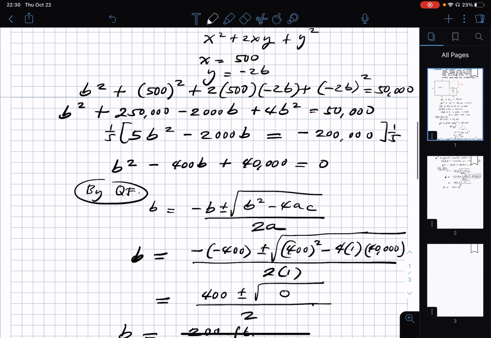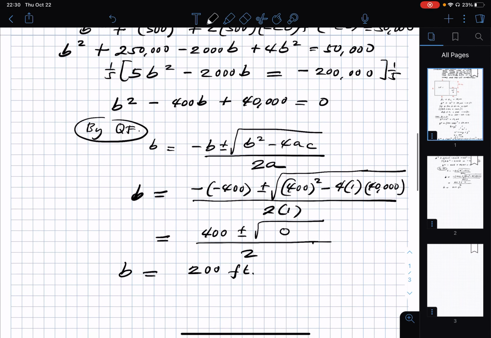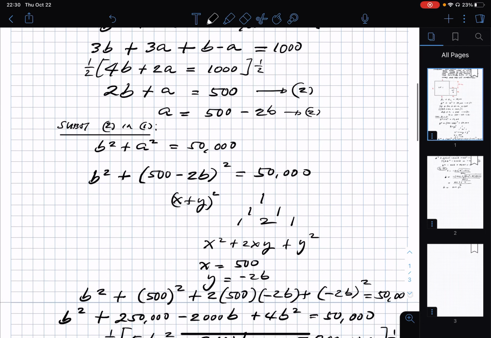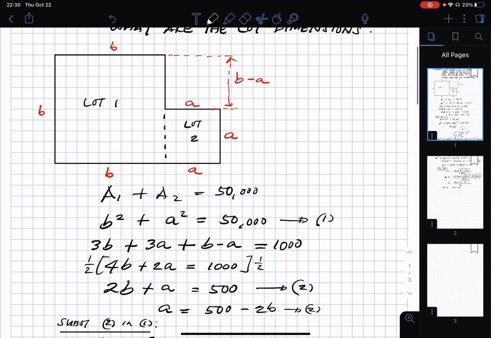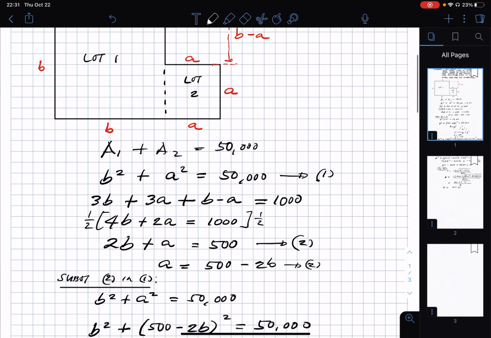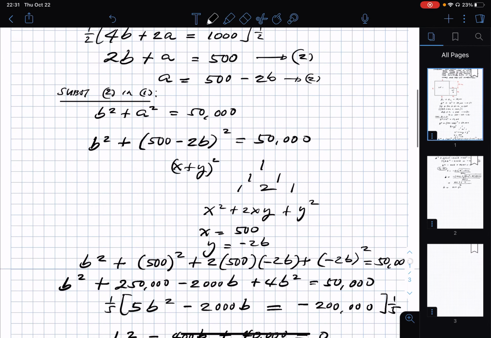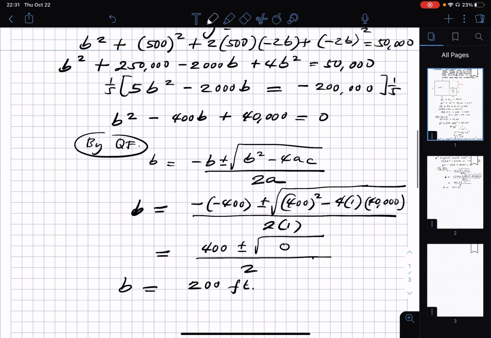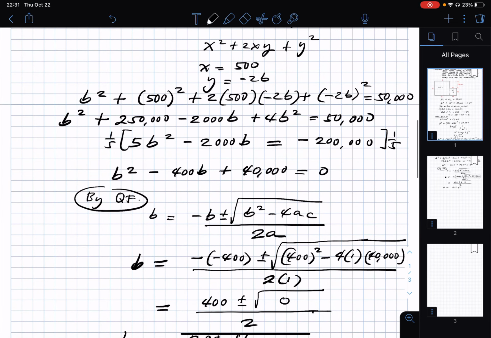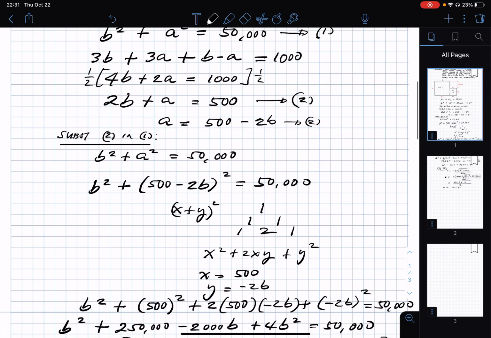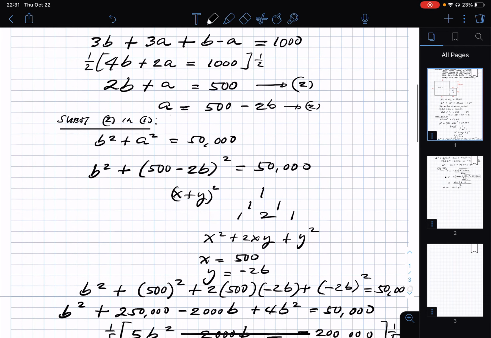That is the dimension of the first lot. Okay, now we need to solve for A. Okay, we now know that B is 200, so we need to solve for A. So from equation 2, we have this. A equals 500 minus 2B.